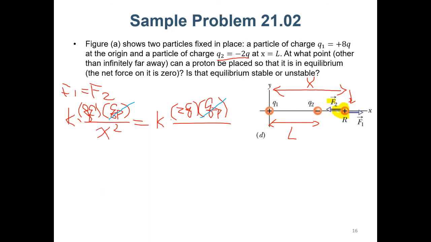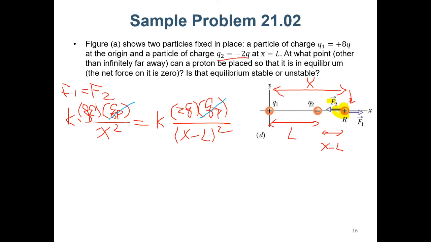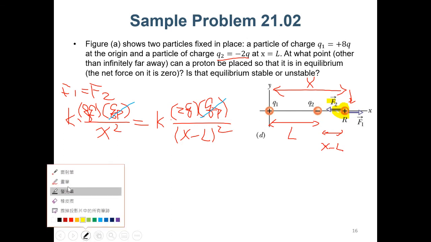And the distance between Q2 and R is x minus L squared, because the whole one is x, this one is L. So this one is x minus L. So we can further make some cancellation.